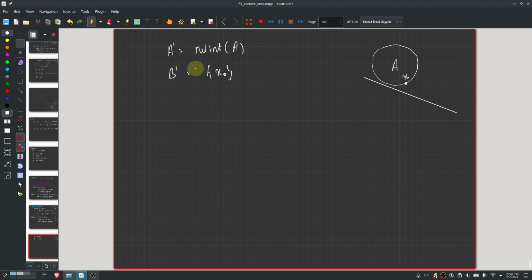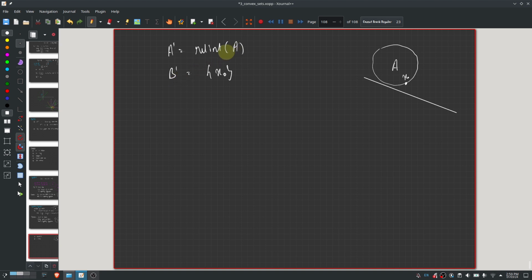Okay, these two are non-intersecting sets. Right? And both of them are convex. The relative interior is also convex, and B prime just contains a single point, so obviously it is convex. So there exists a separating hyperplane that separates A prime and B prime.